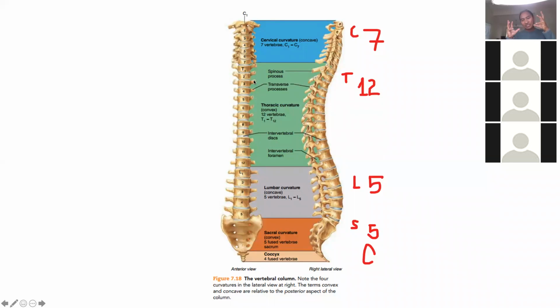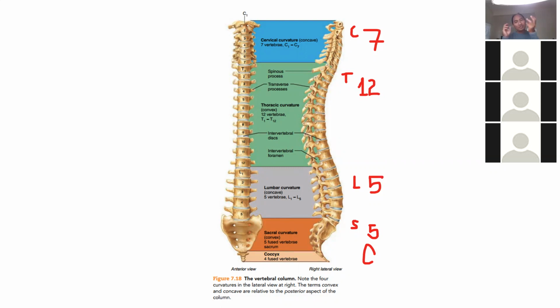The same thing with the thoracic spine. If you look at the thoracic spine, its function is to make a thoracic cage to enclose the vital organs like our heart and lungs. So the function of the thoracic spine is not for movement. You don't want to move a lot in the thoracic spine.